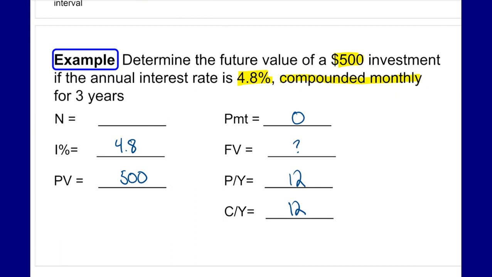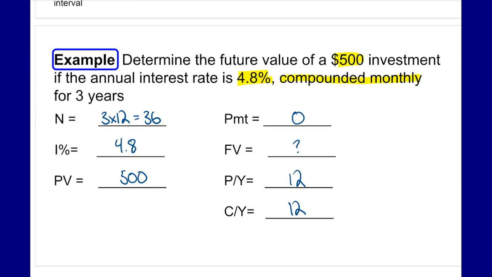Most calculators tend to assume that whenever your interest is compounded, that's when you're adding in another payment. And then our N value, the length of the term or the loan, or all the payments. In this case, because it's compounded monthly for 3 years, it's 3 times 12, or 36.